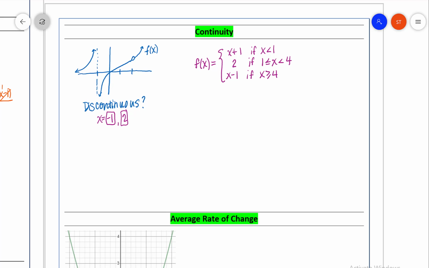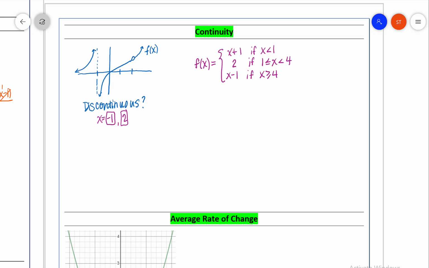Because y equals x plus 1 is a straight line. Same thing for y equals 2, it's also a straight line. And then y equals x minus 1 is a straight line. So these are all straight lines, but we need to see if they connect to each other or if they don't. If they don't connect to each other, then we have a point of discontinuity. So the question for this one is also find the x values where it is discontinuous for this function.